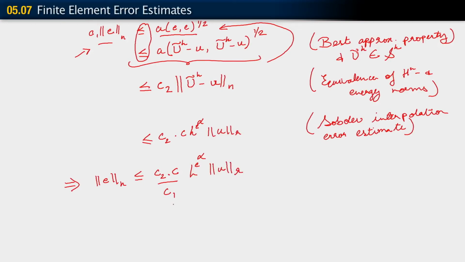Okay. Now this is our new constant C bar. Okay. So our final result is that the finite element error in the n norm is less than or equal to C bar, which is a constant, h_e to the power alpha times the r norm of u. Okay, that's our result.